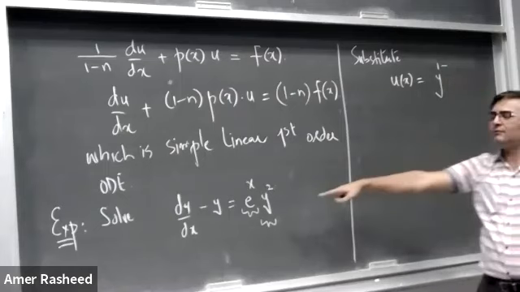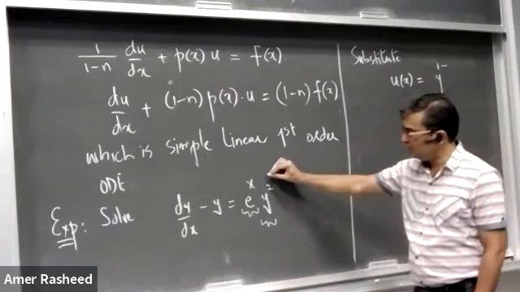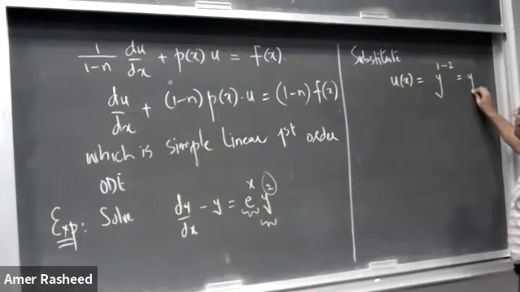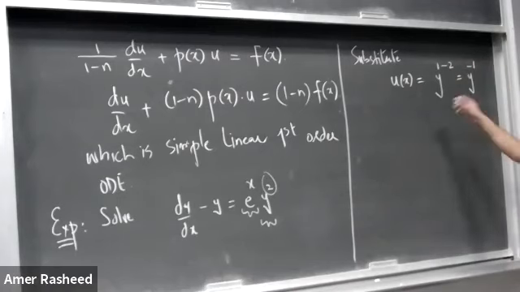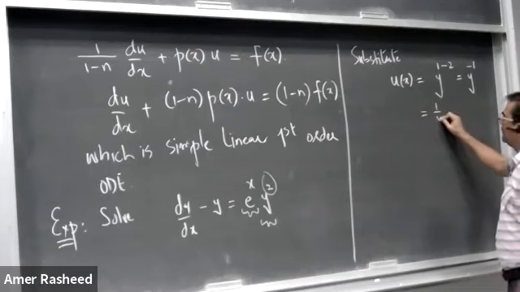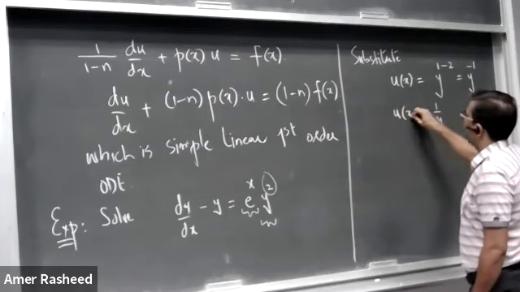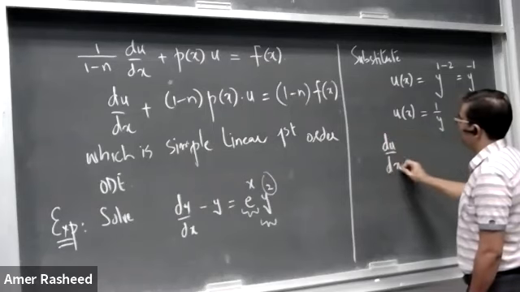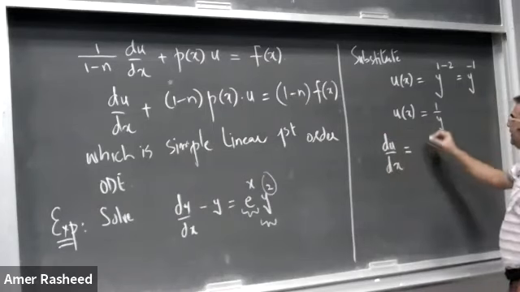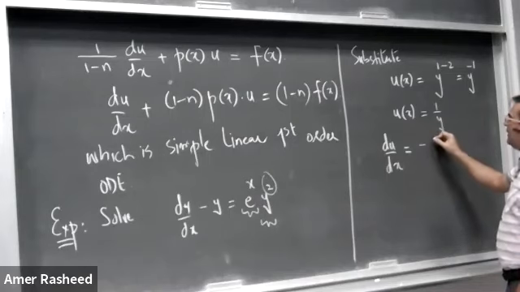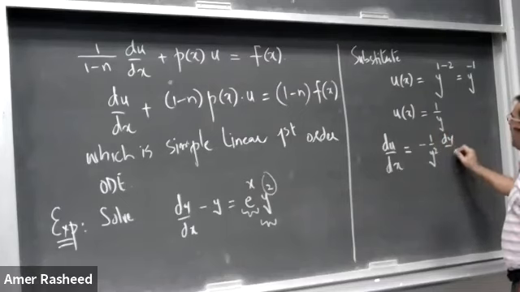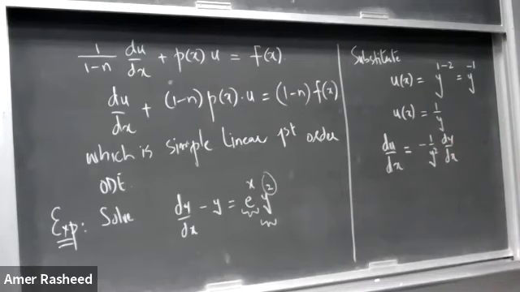What is n here? It is 2. So this is your n. It is 1 minus 2, meaning you have to substitute y power 1 minus 2, or you can say 1 over y in short. Okay, you have to make this substitution. Now differentiating on both sides, du by dx is equal to what? It is negative 1 by y square dy by dx. Okay.